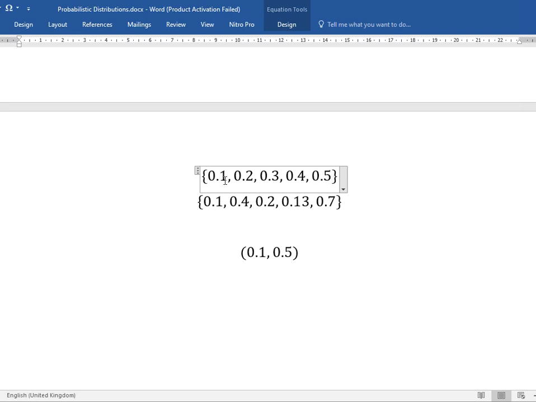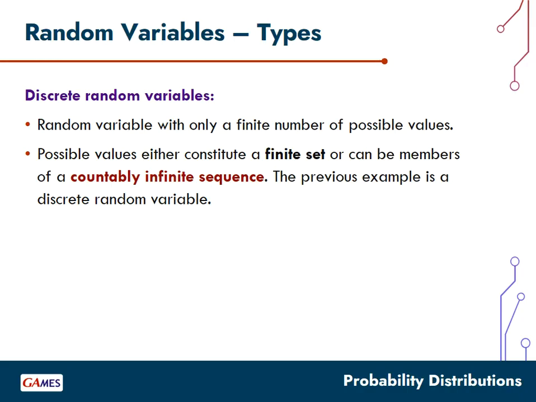Once you have order between the elements, and they follow a progression, like you notice that each element here increases by 0.1 until you get to 0.5, this kind of sequence is a countably infinite sequence, which is useful for us to work with random variables. So that's what we mean when we say it can either be a finite sequence or a countably infinite sequence.